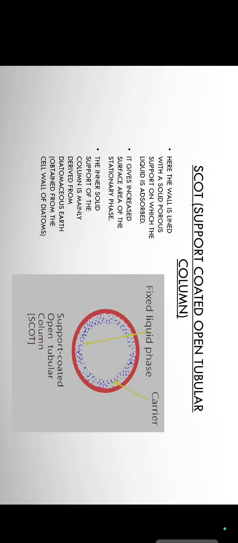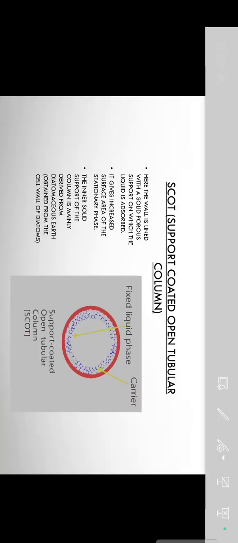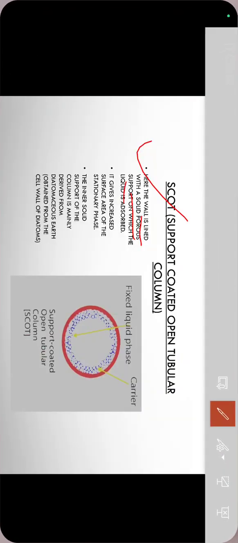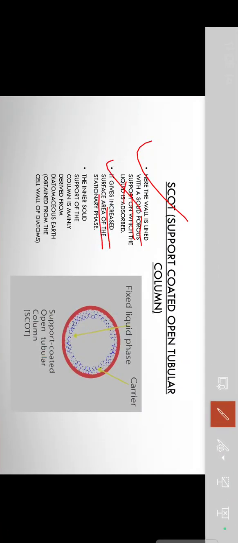That is SCOT, support coated open tubular column. Here the wall is lined with a solid porous support, and it gives increased surface area of the stationary phase.